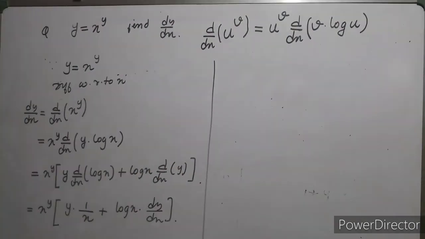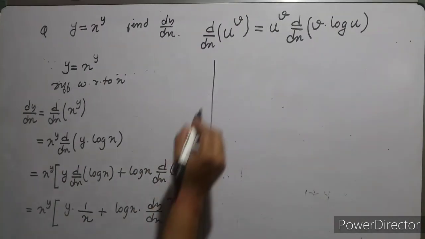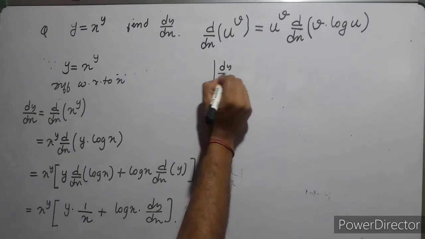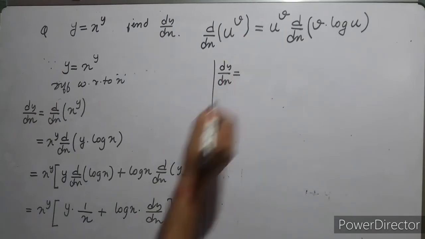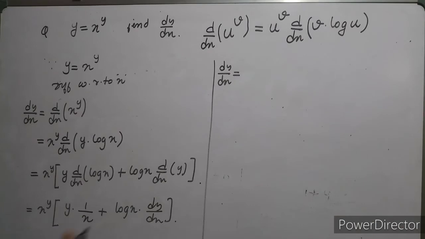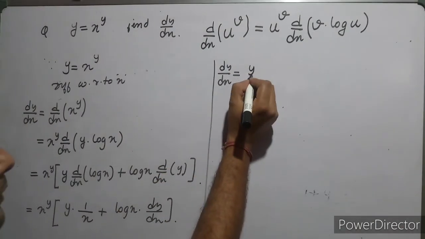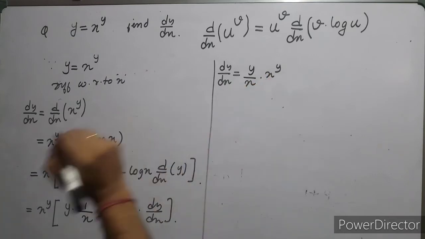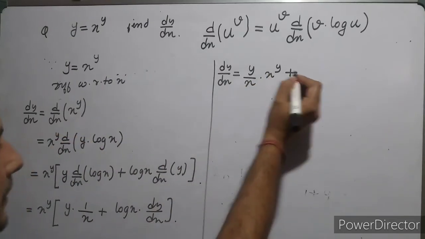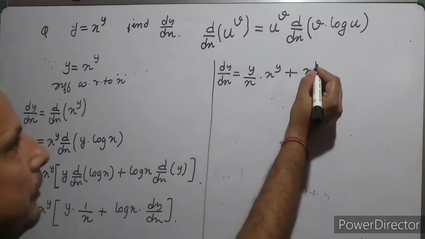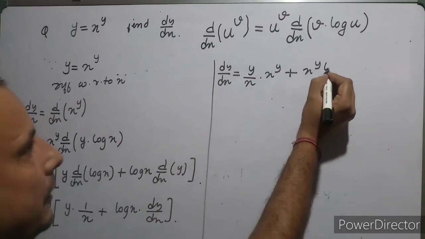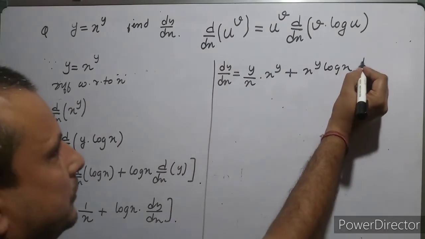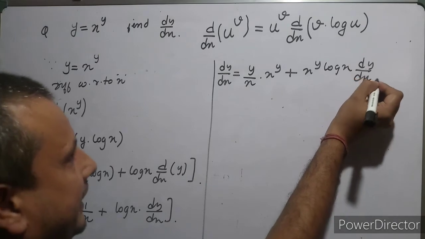Now I'll solve over here. Now it was dy by dx equals to, just open this bracket, it will be y over x into x to the power y plus x to the power y log x into dy by dx.